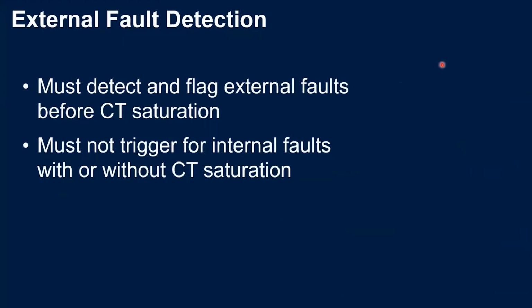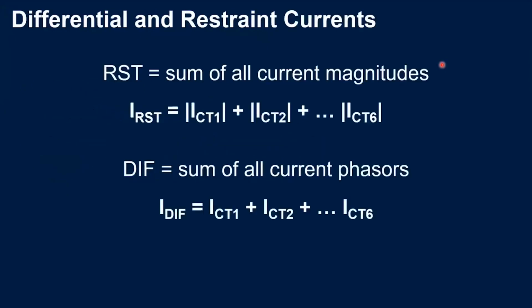And it must not trigger for internal faults, with or without CT saturation, okay? It's based on the restraint and differential currents, which maybe you're familiar with. The restraint current is the sum of all the current magnitudes, and the differential is the sum of all current phasors.